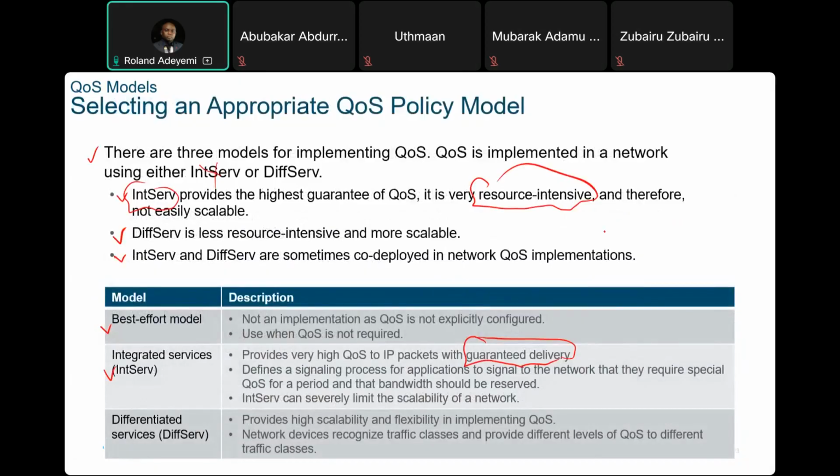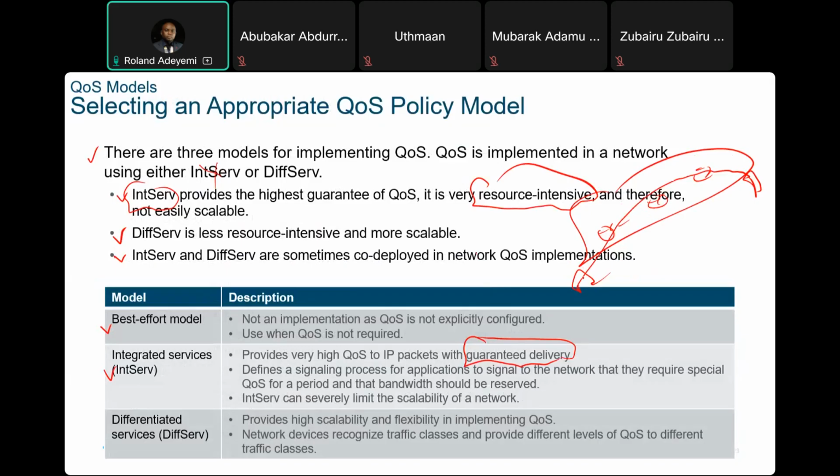If you have 10 routers on the way to the destination and you decide to set up integrated services, you are reserving bandwidth all the way from source to destination. That is the way this one works. You don't care about other packets. It will reserve resources for, let's say, data traffic from source to destination. It doesn't care about other people on the road.